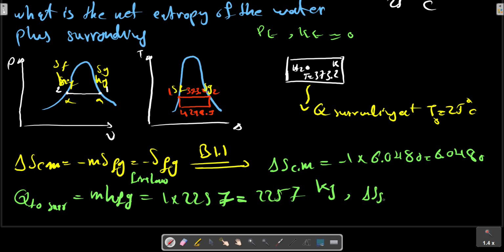So delta S on T, temperature is T0, 25 degrees centigrade, converted to kelvin, in kilograms.